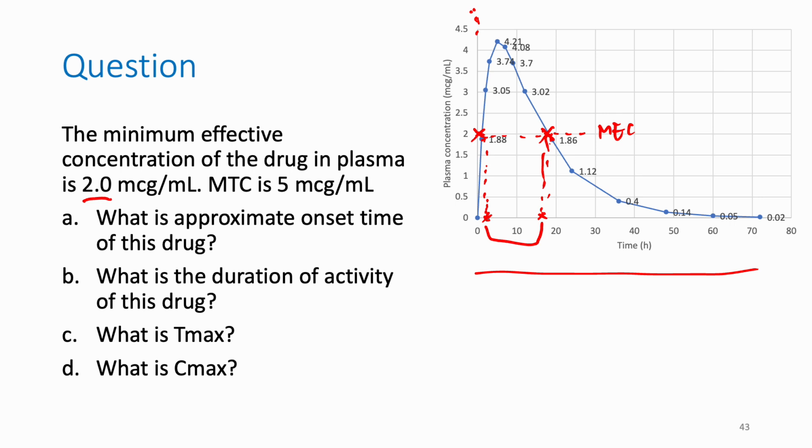What is the Tmax? Tmax is the time that the drug reaches maximum concentration. And from here you have the Cmax. So the Tmax is the time that this drug reached the Cmax.